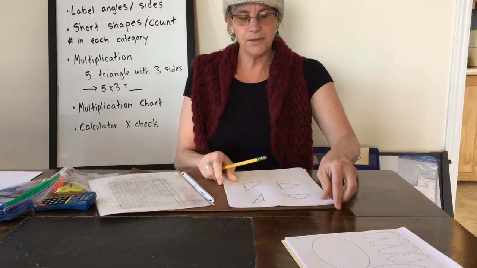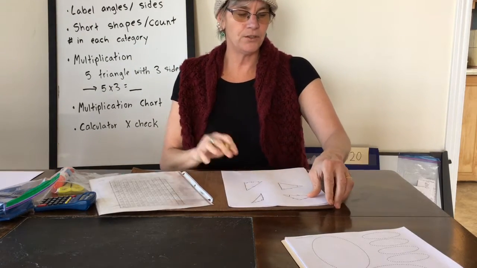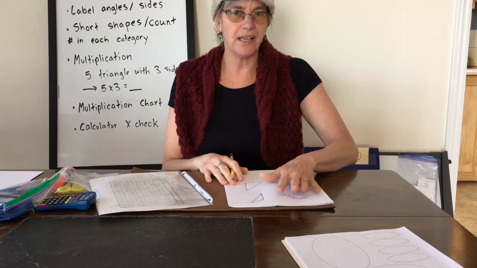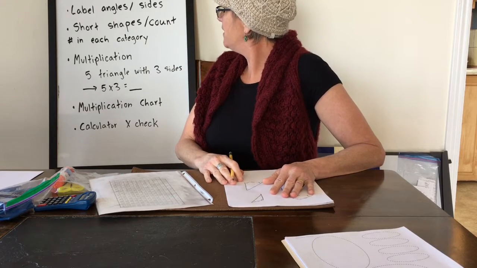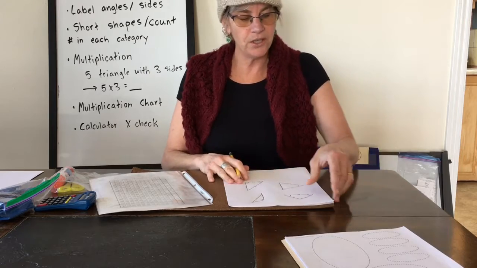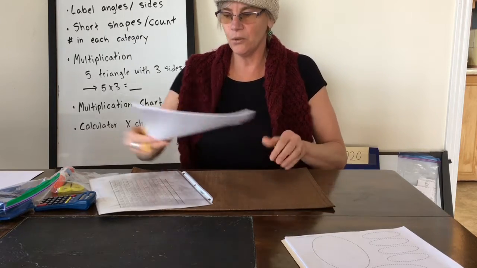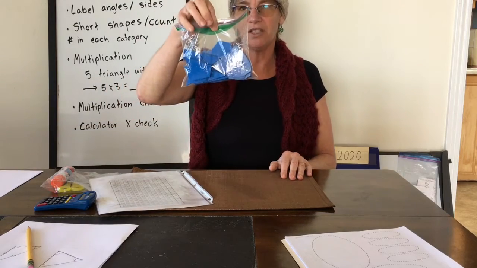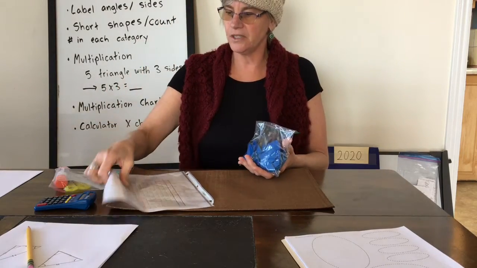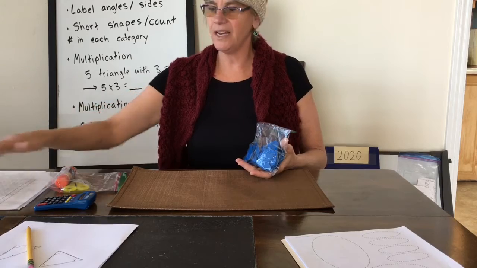So the next thing you're going to do, after you have finished tracing your triangles and labeling the angles and the sides, is to sort the shapes in your geometry tile kit. If you have a sorting mat, use it.